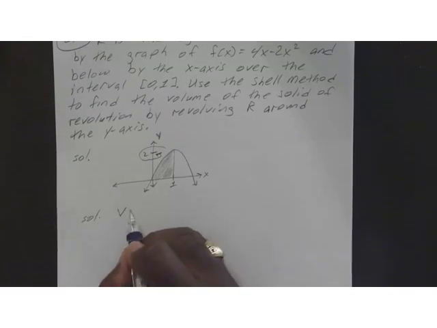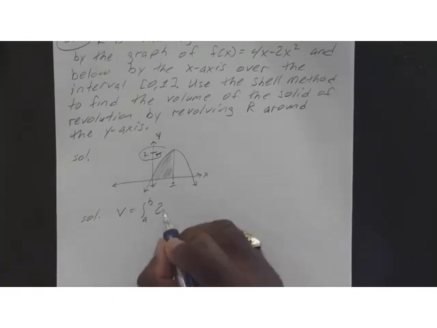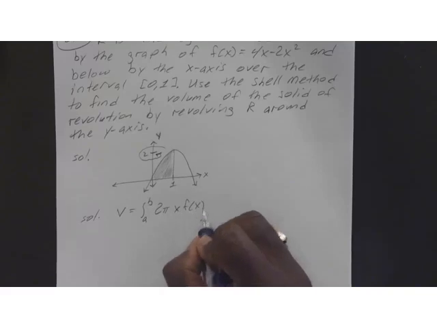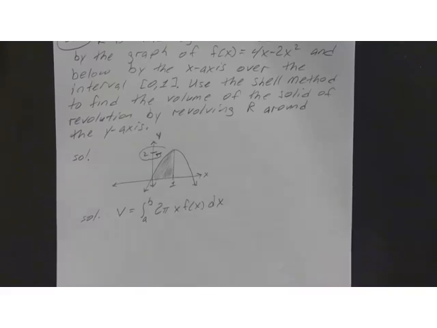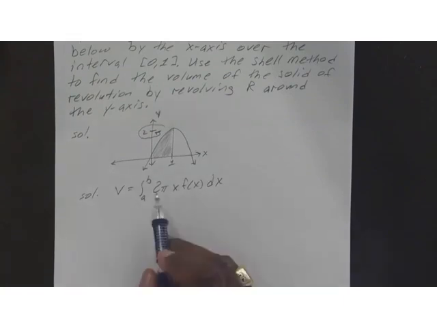So we know that the volume is the integral from a to b of 2 pi x times f of x with respect to x. So that 2 pi, we can go ahead and just factor that out to the front.